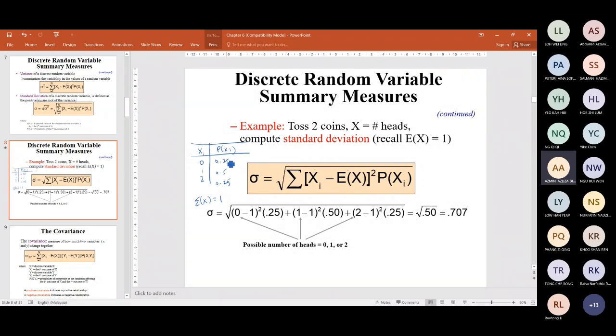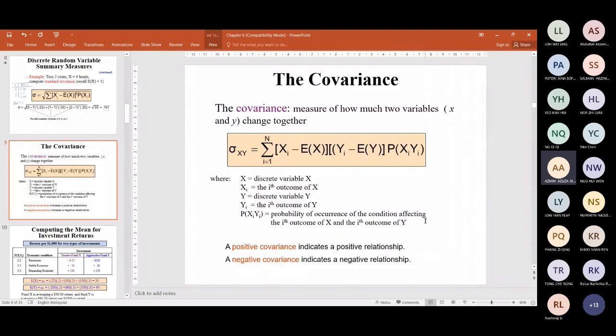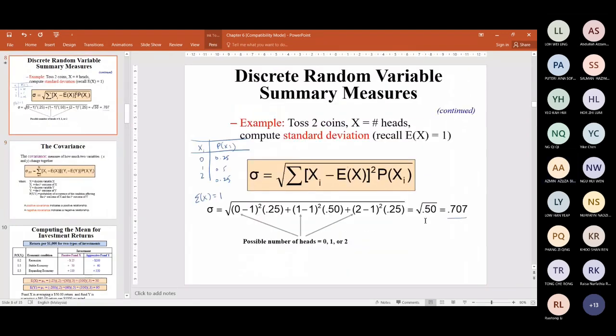Plus, because it is a summation, you have to add 1 minus your mean, so 1 minus 1 squared times 0.5, plus 2 minus 1 squared times 0.25. Then take the square root and you get the answer. So it's quite straightforward actually. If the question asks for variance, then you just square the value.